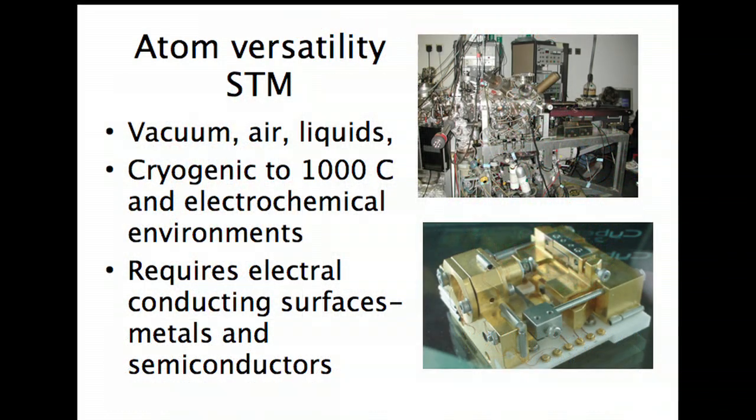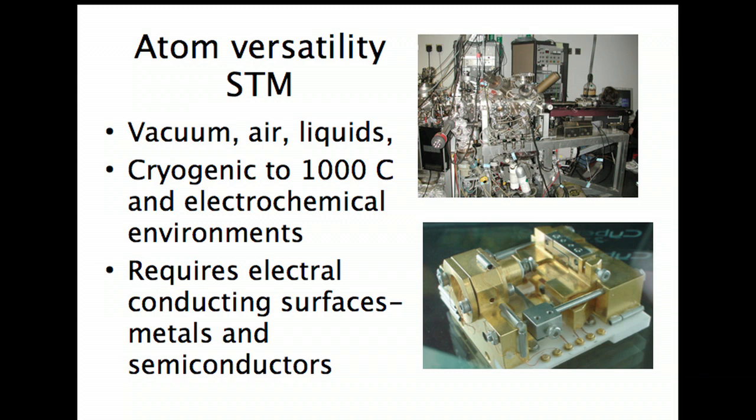Another thing about the scanning tunneling microscope, in addition to the fact it could see atoms, is the fact that it wasn't limited to vacuum. Most things in life are not in a vacuum. Most of life is actually in a fluid, and the scanning tunneling microscope was able to resolve atoms in air, in liquids, at very low temperatures, like liquid helium temperatures, close to absolute 0 Kelvin, up to 1,000 degrees.